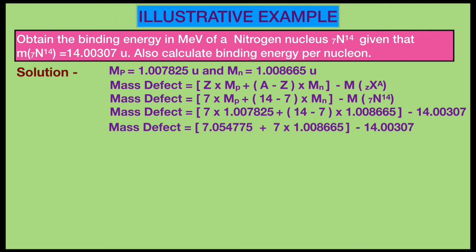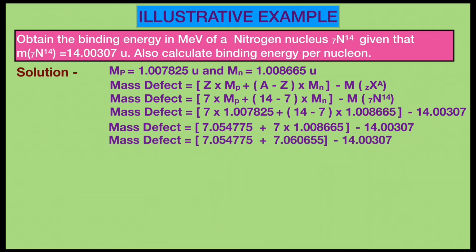So we have multiplied here 7 into 1.007825, the product is 7.054775, and 14 minus 7 is 7, and 1.008665 as it is, minus mass of the nucleus as it is.